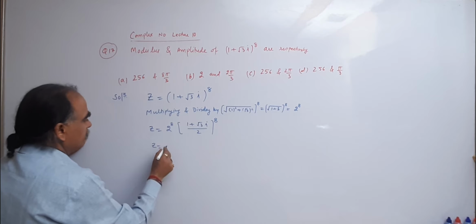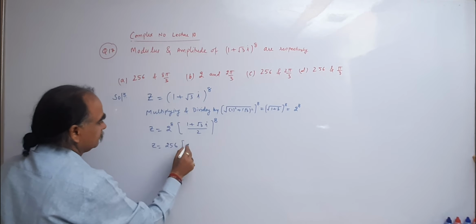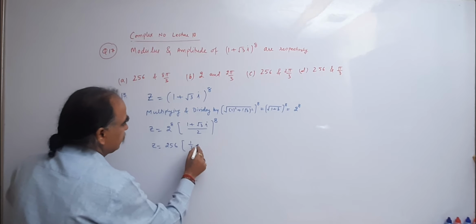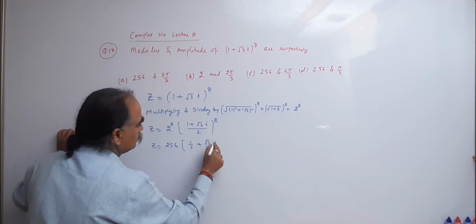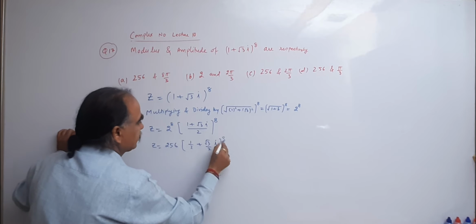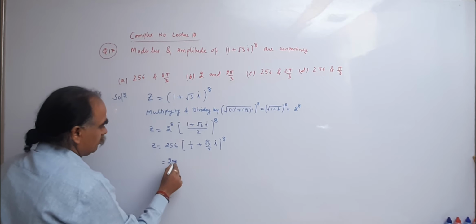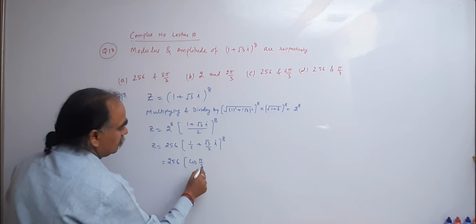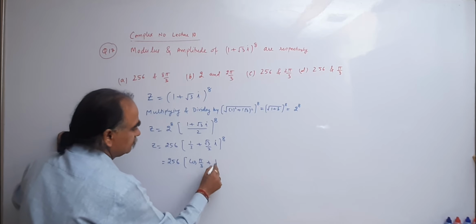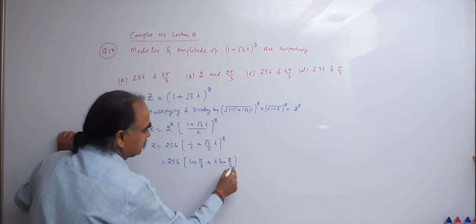So Z will be 256 into (1 by 2 plus root 3 by 2 i) raised to 8, which is 256 into (cos pi by 3 plus i sin pi by 3) raised to 8.